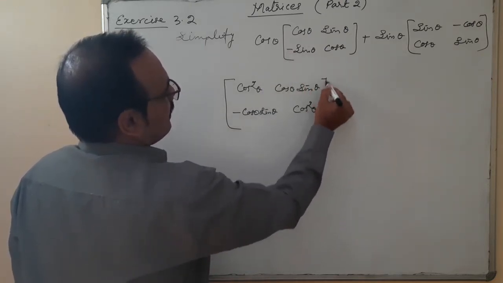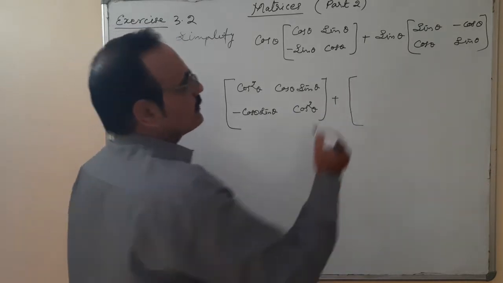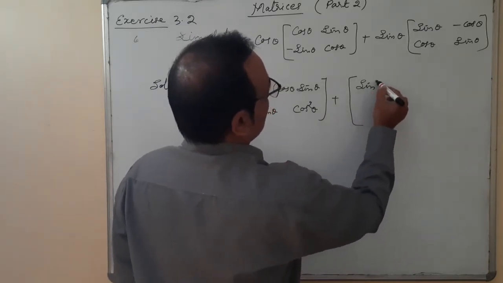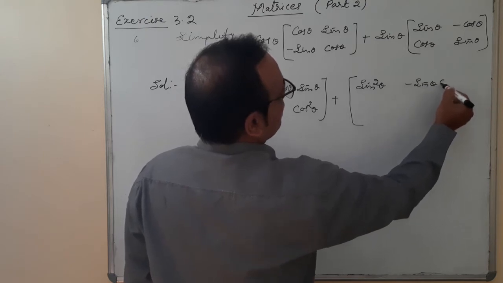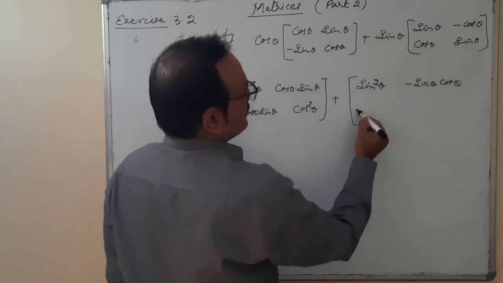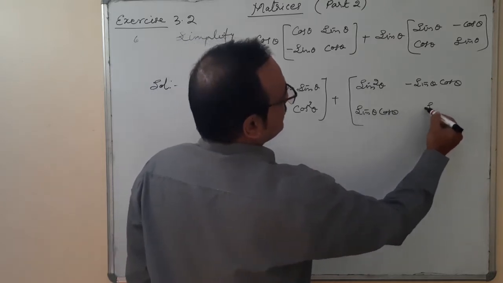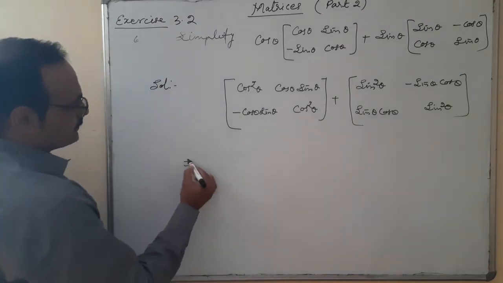Plus, multiplying sin theta inside with all elements: sin square theta, minus sin theta cos theta, sin theta cos theta and sin square theta.